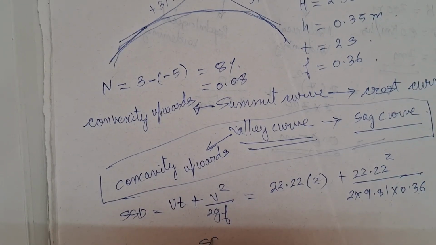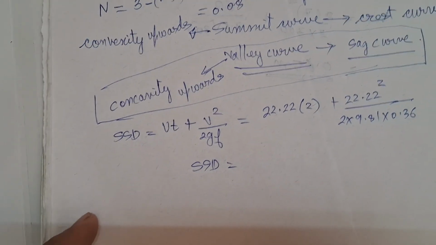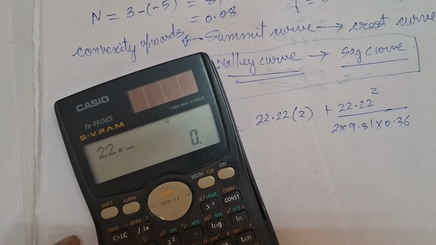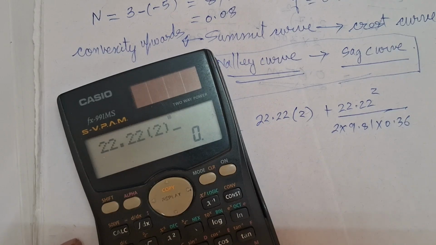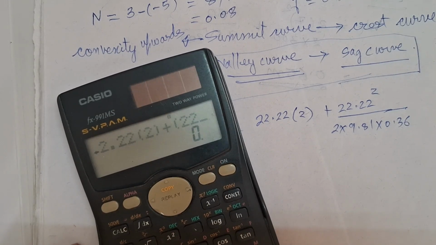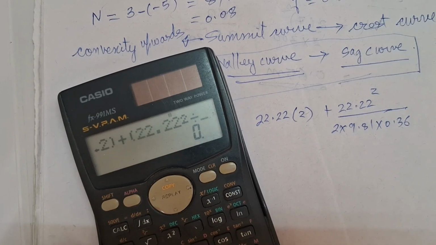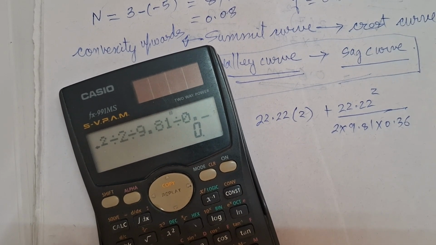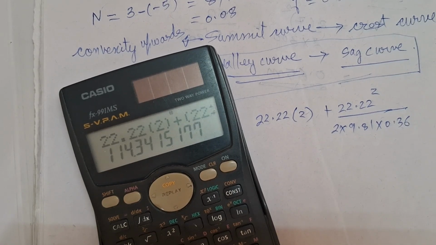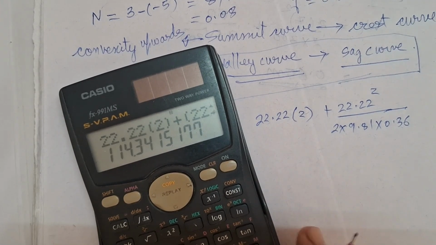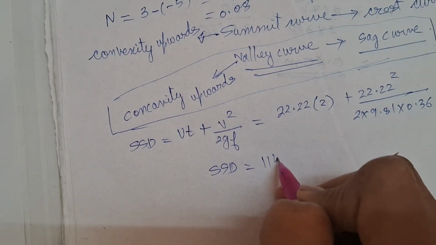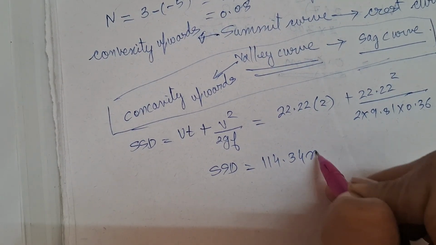Let's calculate SSD. 22.22 into 2 plus 22.22 whole square divided by 2 into 9.81 into 0.36. The answer we are getting is 114.34, so SSD is 114.34 meter.